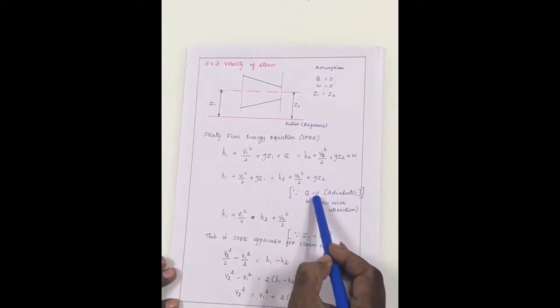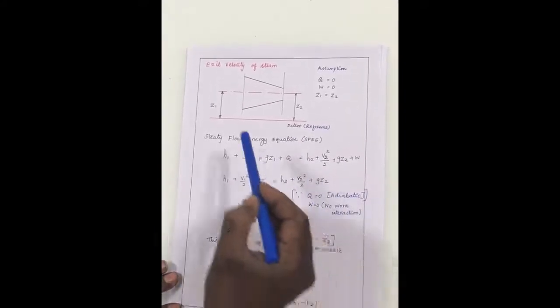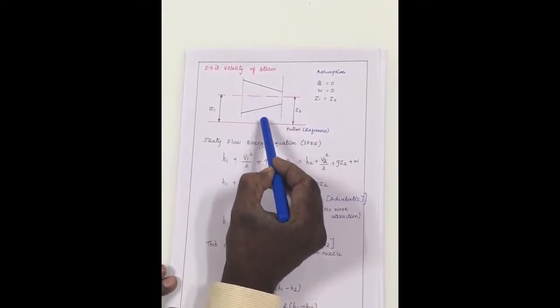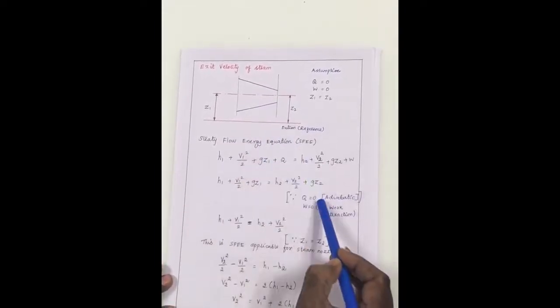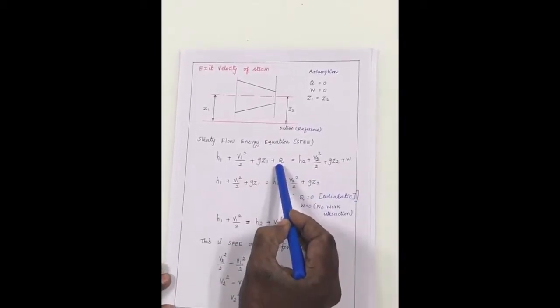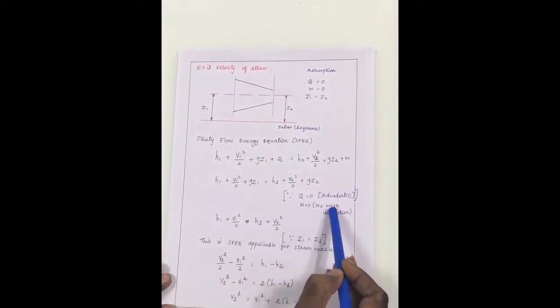Here we take the assumption Q equal to 0. The heat interaction between the system, which is the nozzle here, and the surroundings is 0, which means adiabatic. So we can neglect the Q term from the steady flow energy equation, and there is no work interaction.